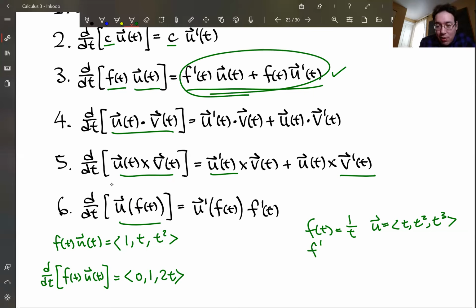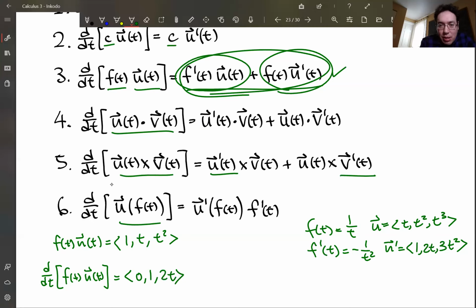Let's also compute it this way. The derivative of 1 over t is negative 1 over t squared, and the derivative of u is going to be 1, 2t, and 3t squared. Okay, so let's compute these two things.